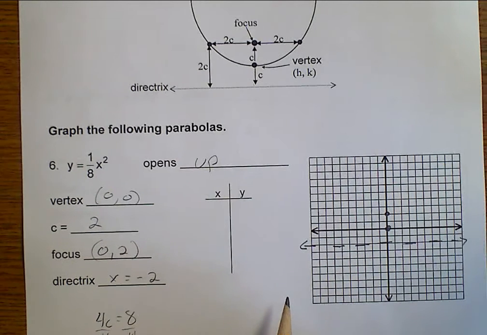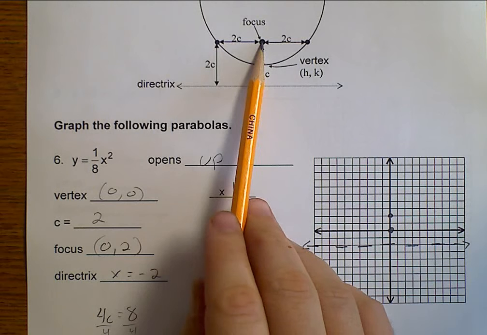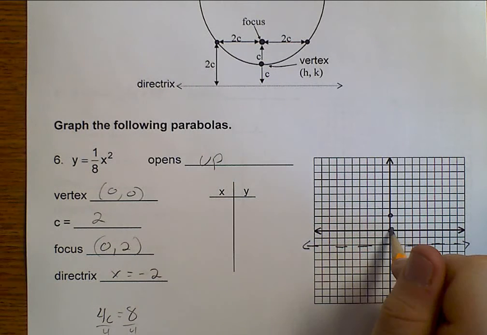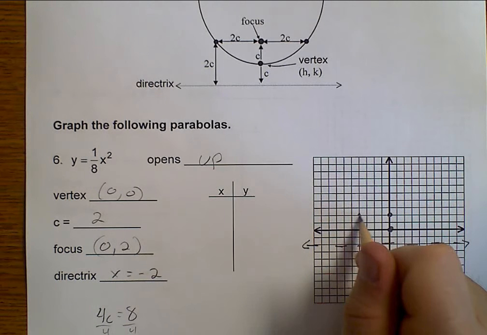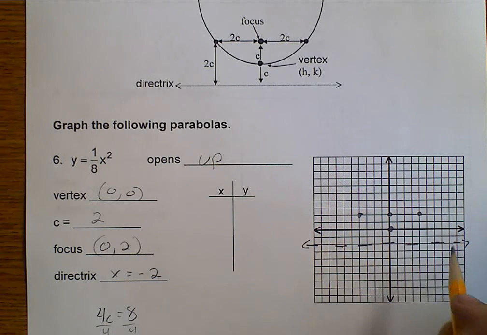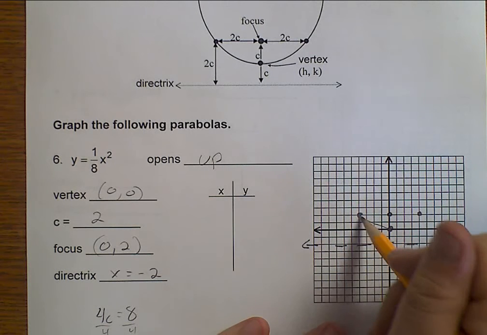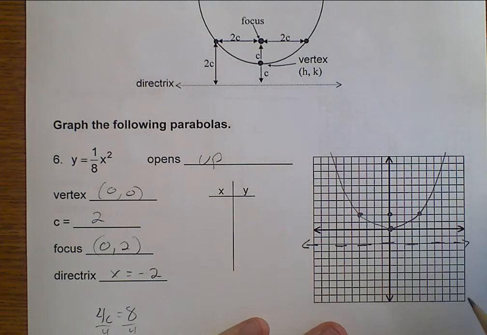Now, if you'll notice, we can go 2c over and put a point, right and left. So our c was 2, so we're going to go over 4. 1, 2, 3, 4. We're going to put a point. And then we're going to go ahead and graph our parabola.